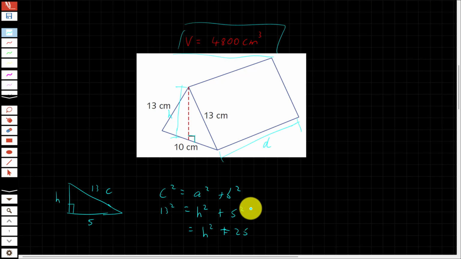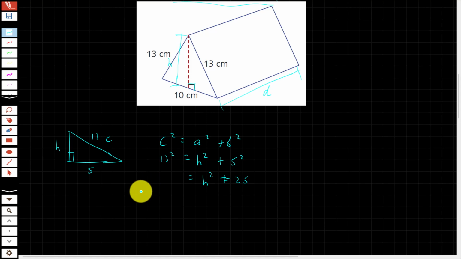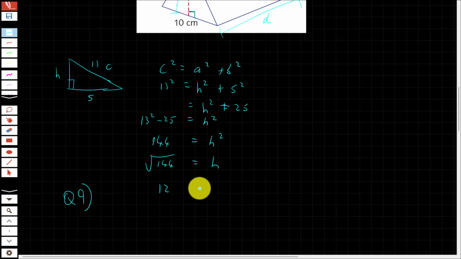Let's get the numbers to the left hand side. So we have 13 squared take away 25 equals h squared. 13 squared take away 25 is equal to 144, which equals h squared. So the square root of 144 equals h. So 12 equals h. So now this is equal to 12.